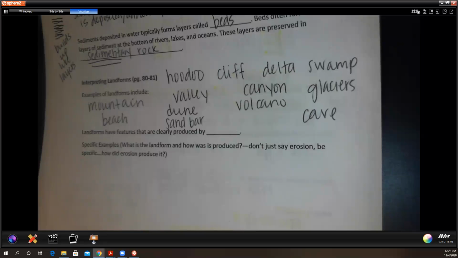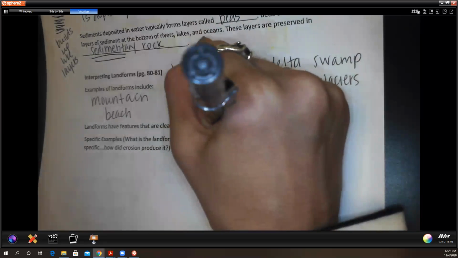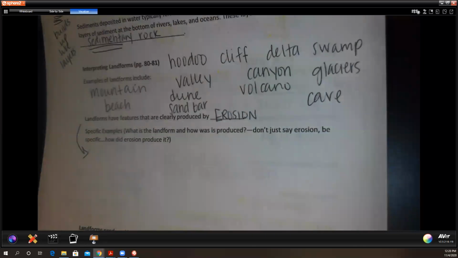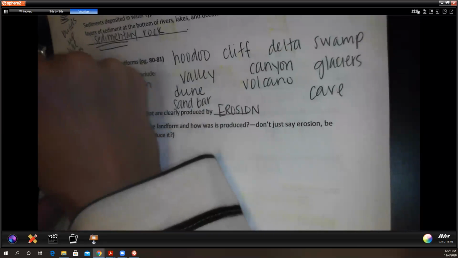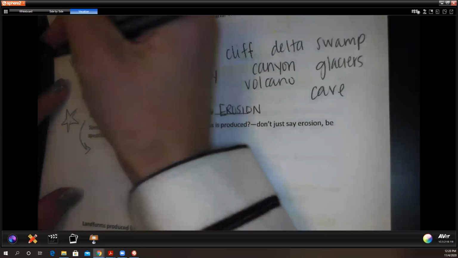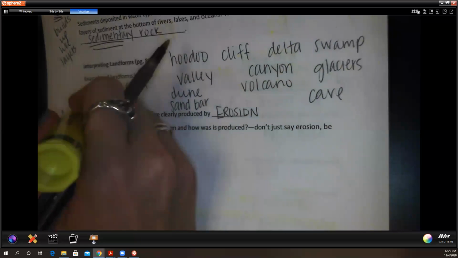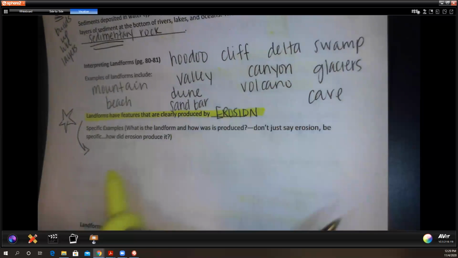So landforms have features that are clearly produced by weathering and erosion. This is the part where I really want you to star. Erosion. This section. We have landforms that are specifically formed by erosion.